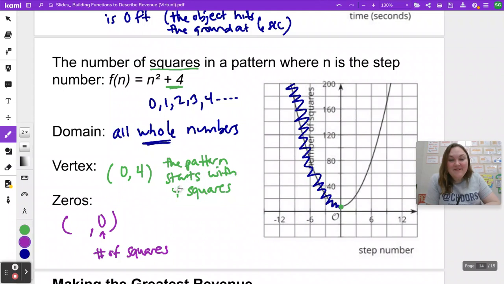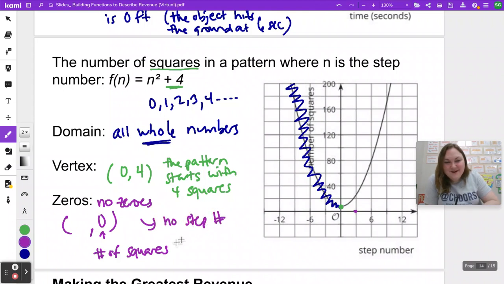We just said above, your pattern starts with 4 squares and you're just adding more and more squares to it. Looking at our graph, there is no step number where the number of squares, the output, is 0. That would be a point that goes through your x-axis. So for this graph here, in this situation, there are no zeros. And we could even say no zeros because there is no step number with 0 squares.